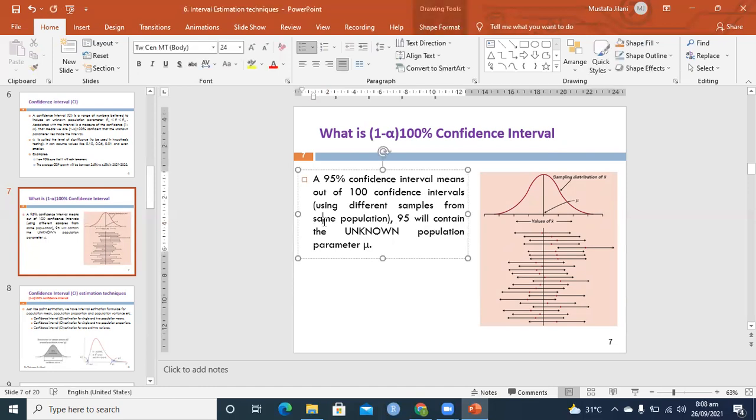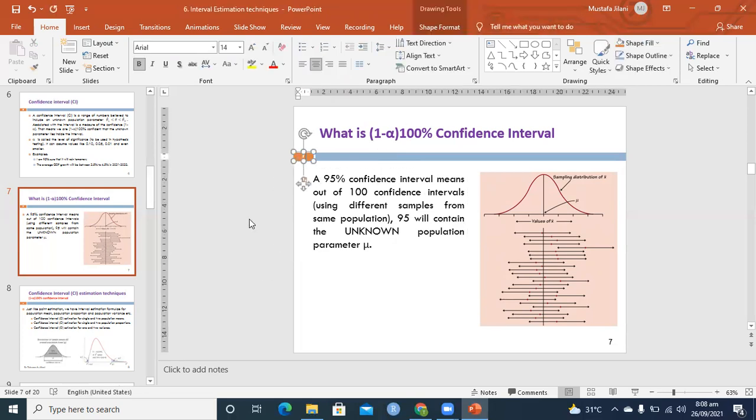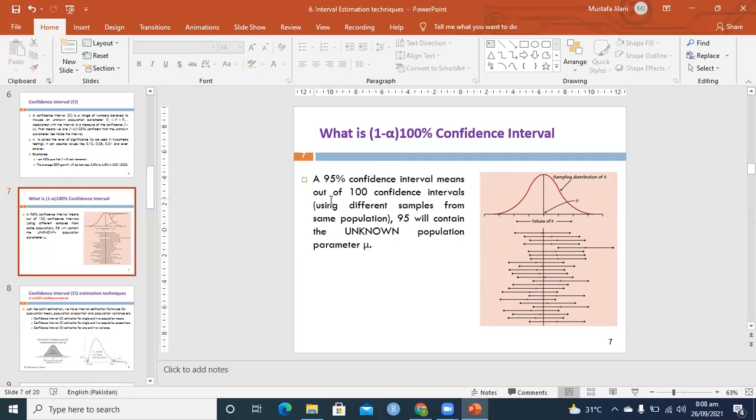Why do we construct a confidence interval? Because point estimation is not very accurate. It does not include the percentage of efficiency or confidence. Therefore, we try to find a confidence interval. For example, the daily temperature is like 22 degrees to 34 degrees.